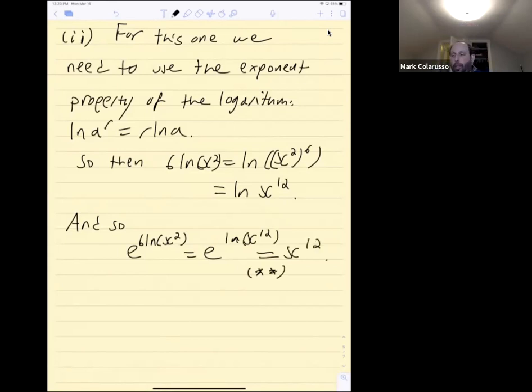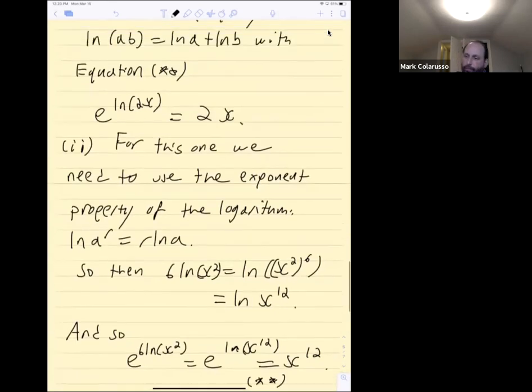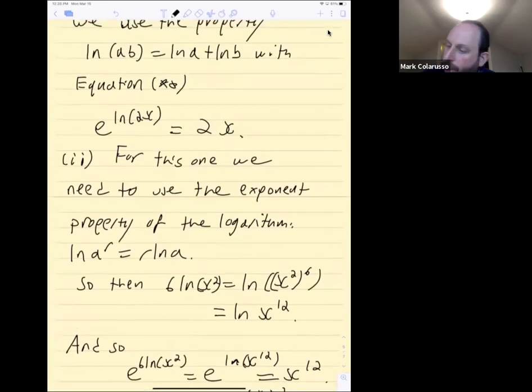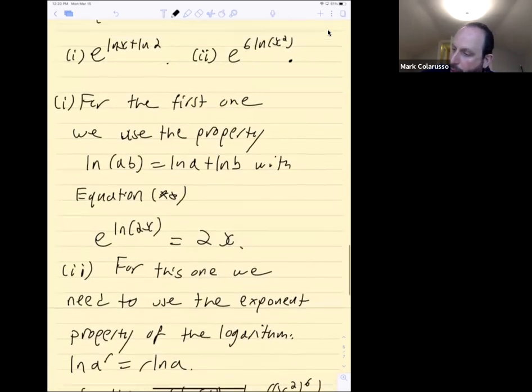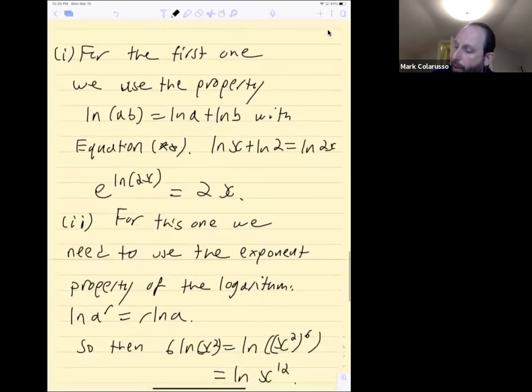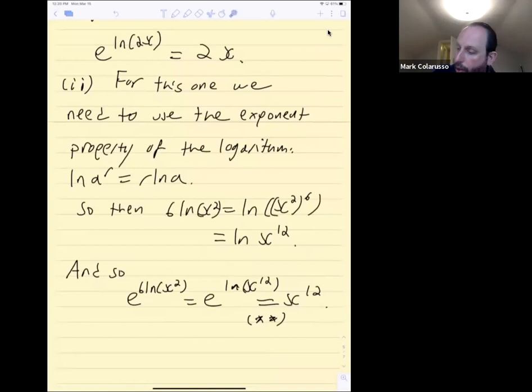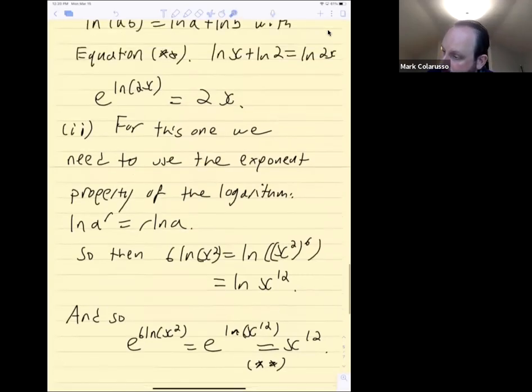So that's what we get. I did skip a step here, but I can write it in. The step I skipped, I talked through, was just this one. Okay, so that's what I skipped there, but then I wrote out how to use the property here. So hopefully you're okay with that.